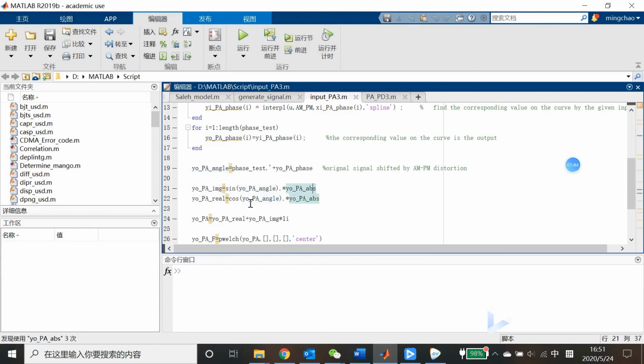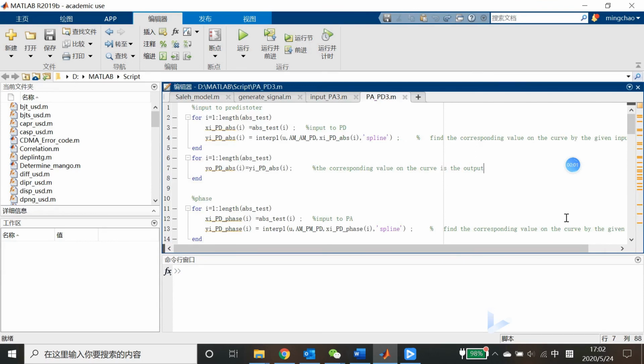And then we calculate the imaginary part and the real part of the signal by multiplying the magnitude of the output signal with the sine function and the cosine function. And then we sum the real part and the imaginary part to get the signal output.